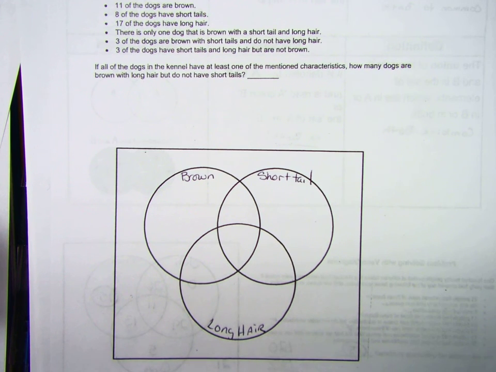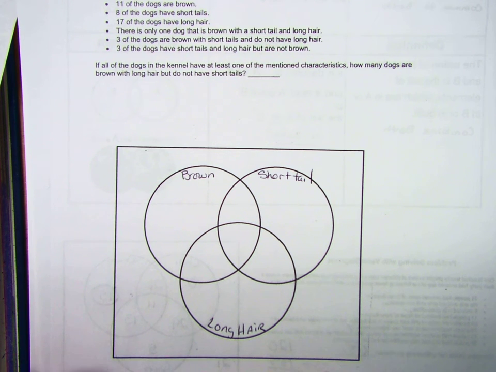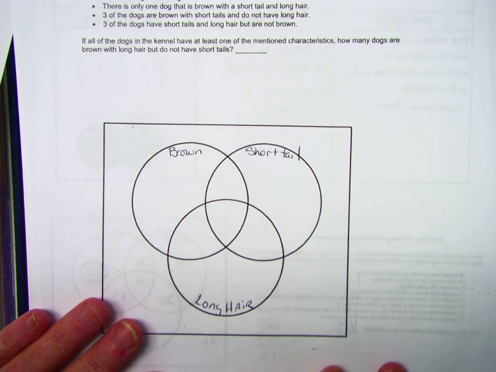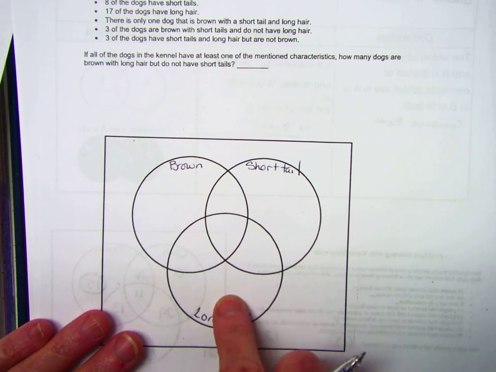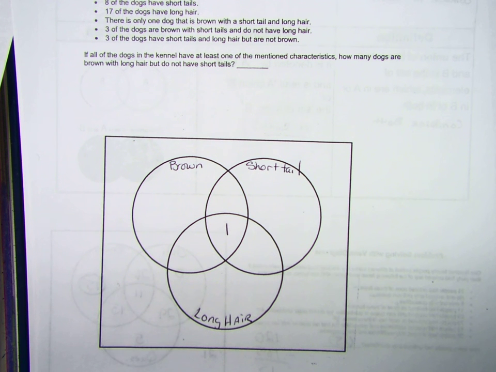There is only one dog that is brown with a short tail and long hair. So he has everything, doesn't he? He's brown, short tail, and long hair. So he's right in the middle. He gets all 3 circles. 3 of the dogs are brown.